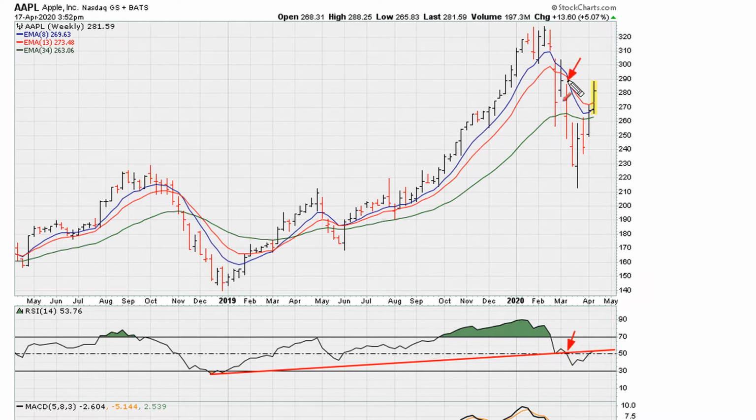of these highs here, and now of course the market is going to determine whether it has enough momentum to clear that red line or whether this is where Apple stalls. And more than likely it's going to go in the direction of the general market. So we can see a couple of scenarios here visually.